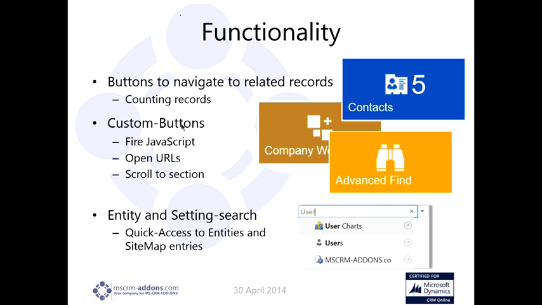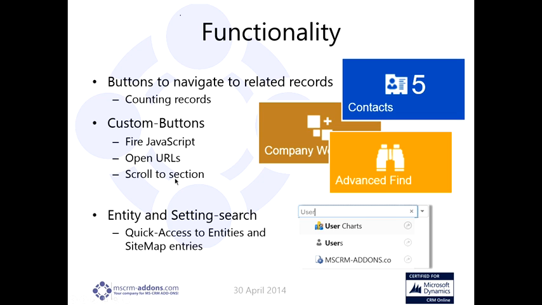We have the ability to put in custom buttons, as I said before. A couple of things that you can do with it: you can fire off JavaScript, so if you have any scripts that you want somebody to be able to activate with a click of a button, you can set those in there. You can open URLs, either inside of CRM or to other websites.